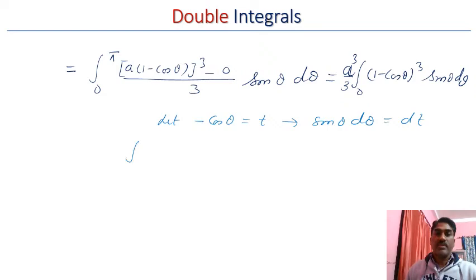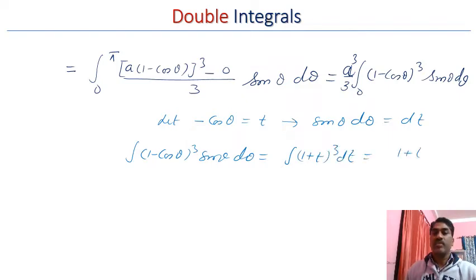So you can see that the integral of 1 minus cos theta whole cube sin theta d theta becomes the integral of 1 plus t whole cube dt, and this is 1 plus t to the power 4 by 4, and that means 1 minus cos theta, because t is minus cos theta, so this is 1 minus cos theta to the power 4 by 4.